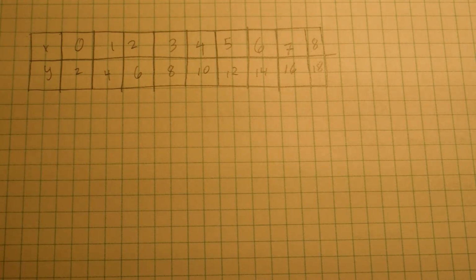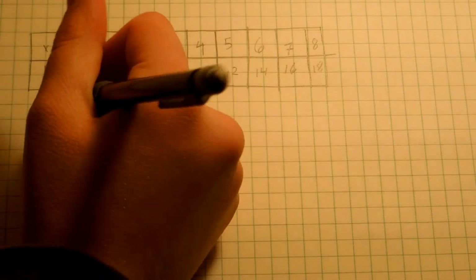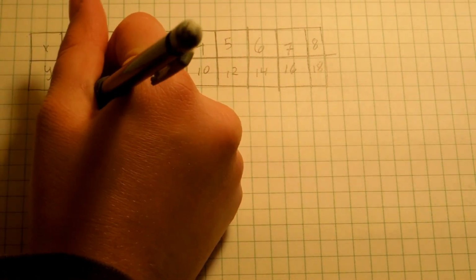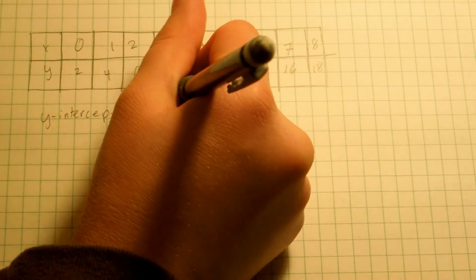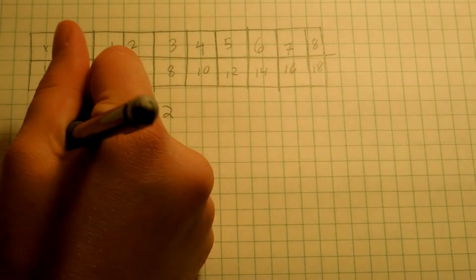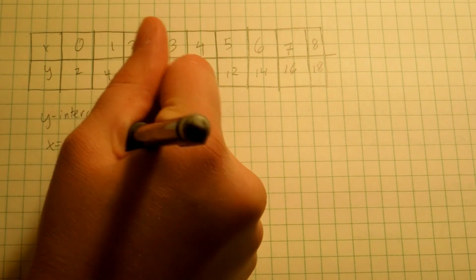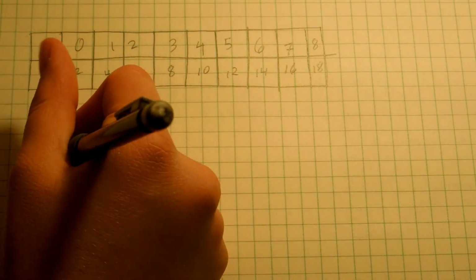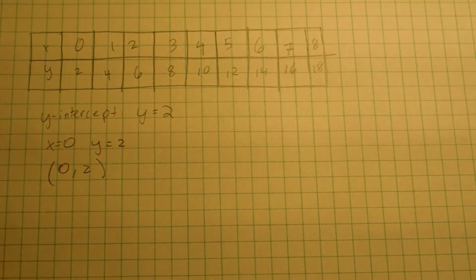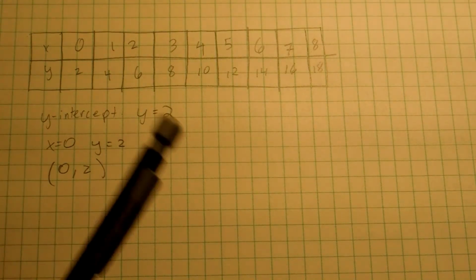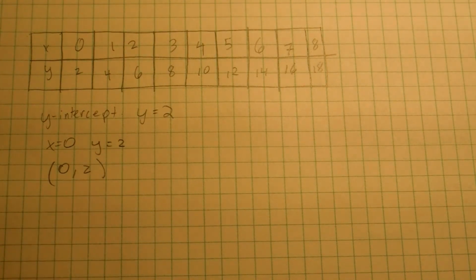So, x equals 0 and y equals 2, which means that our y-intercept is y equals 2. So when x equals 0, y equals 2. You can also write this as the point (0, 2), meaning the number on the left is x equals 0, and the number on the right is y equals 2.